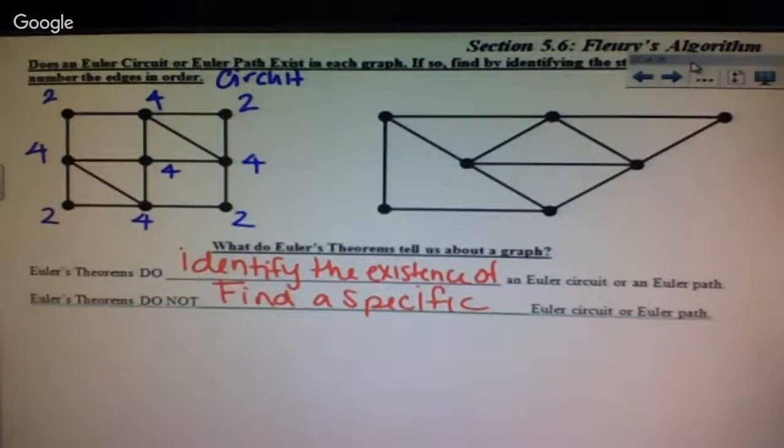Okay. So, because this is a circuit, I can pick any point I want to start at. Where do you want me to start? Dead center? Okay. So, if I start at the dead center, that means I have to trace every line and make my way back to that center point. Okay? So, I'm at the center. Where would you like me to go? Up. So that would be side 1.